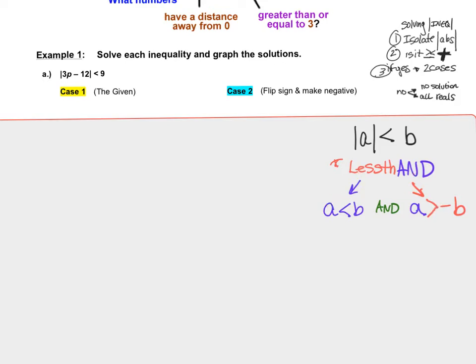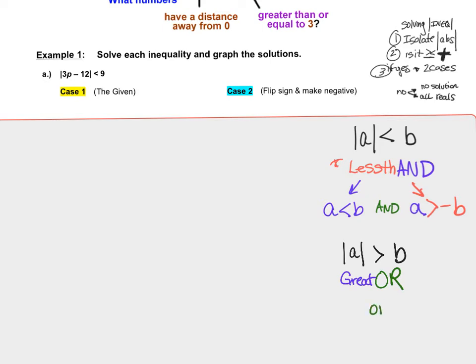If it was greater than, this is the way that you would do it. If it's the absolute value of something greater than or equal to, it doesn't matter whether there's an equal to or not, it still holds true, and it's positive, then this is what I refer to as greater than. So think of great or inequality.